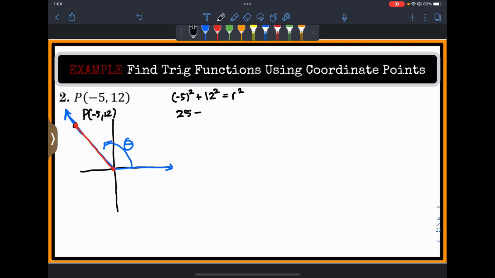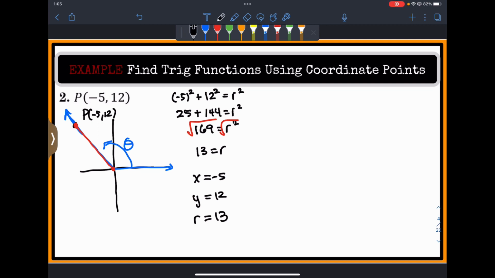So 25 plus 144, that's a total of 169, and the square root of that is 13. So we know that x is negative 5, y is positive 12, and we just calculated that r is 13.